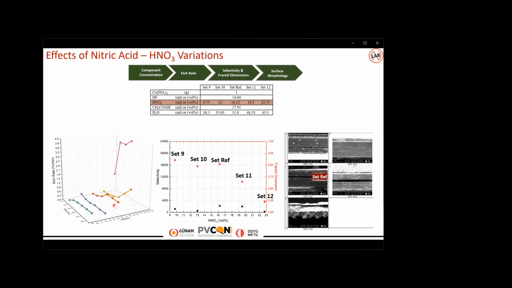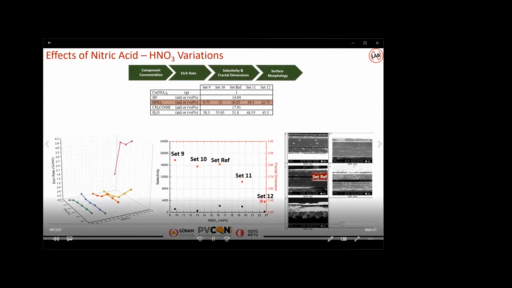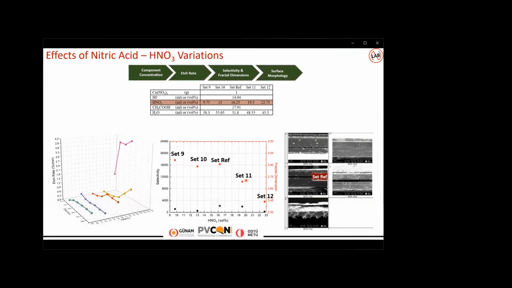It confirms that increasing the oxidizing agent increases the etch rate of the laser modified part more than the unmodified part, as the unprocessed sample. However, the fractal dimension is steady for low concentration, as you can see in this graph. And the increase of the oxidizing agent leads to rough surface morphology, as expected.